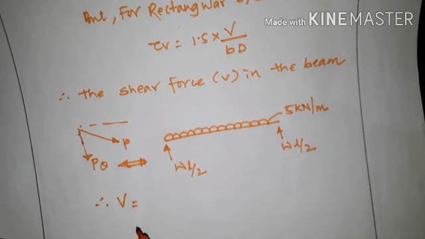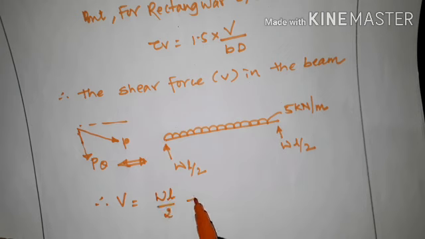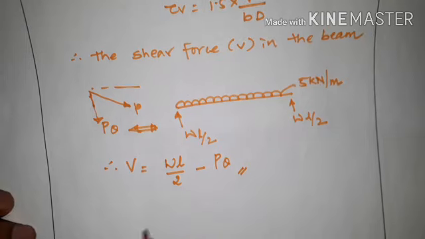So at the support, first due to load we have WL by 2, which is acting upward, so positive, and this is acting downward, so this is P theta. This is the maximum shear developed in the beam. So we will calculate that.